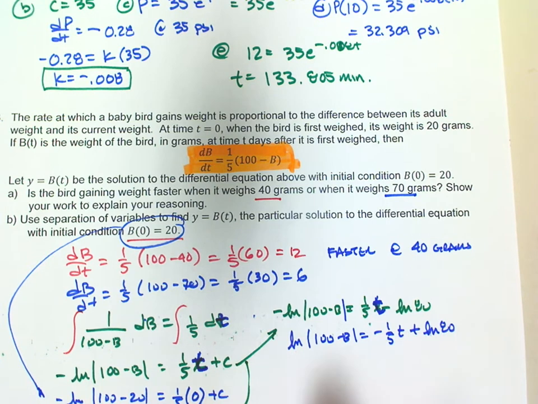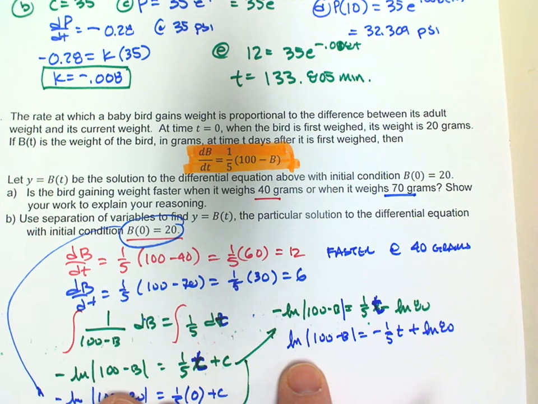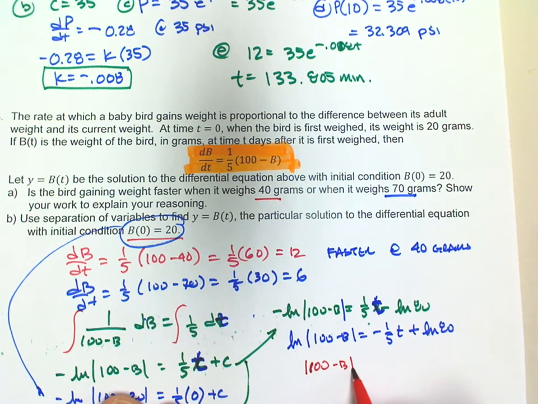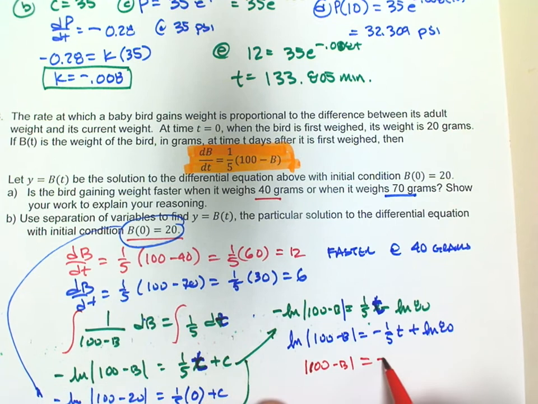When we take everything to the power of e, this will be the absolute value of 100 minus b equals e to the negative 1/5 of t plus, remember what this is going to be, it's going to be an exponent.